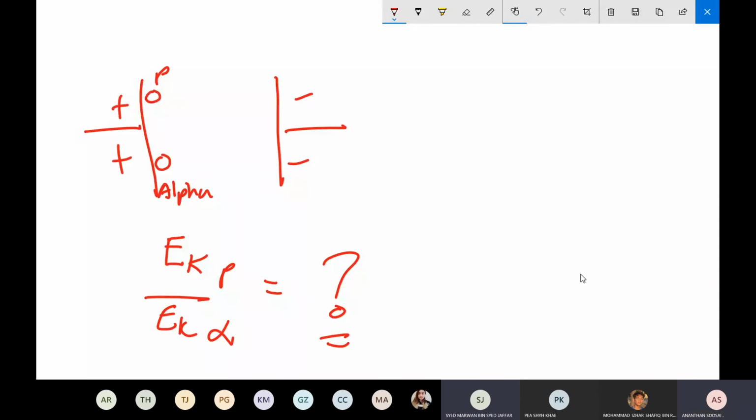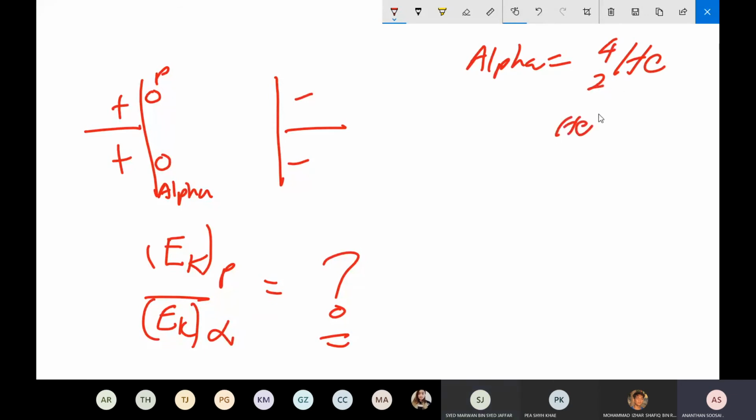One minute for you. What is the ratio of kinetic energy gained by the proton over the kinetic energy gained by the alpha particle? Just for your recall, alpha is actually what? The helium nucleus, 4-2. It's a helium nucleus. Okay, please get me the answer.